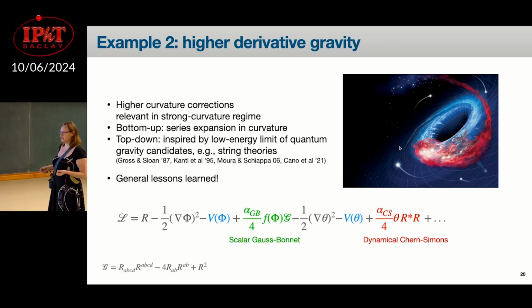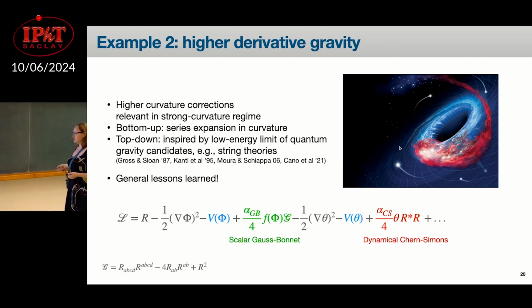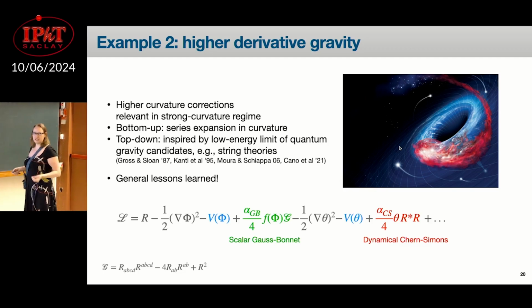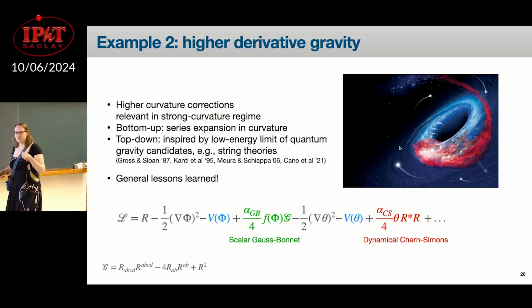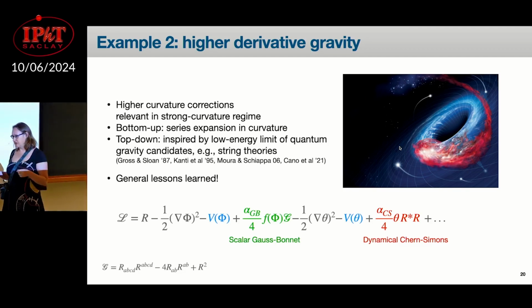So this is what you get for scalar Gauss-Bonnet gravity. Highly nonlinear equations of motion that can actually be elliptic and hyperbolic depending on where you are in your space-time. So how do you deal with that? Dynamical Chern-Simons gravity is even worse because that gives you third time derivatives of the metric. And we actually don't have a very good treatment of that one yet.